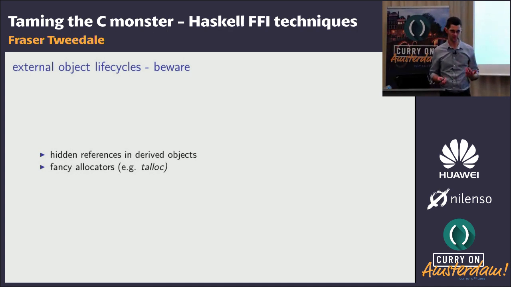In the Haskell notmuch binding that I maintain, every time we construct an object, we essentially call some talloc routines to detach it from its parent and make it its own top-level object so that it'll never get freed when a parent object gets freed.